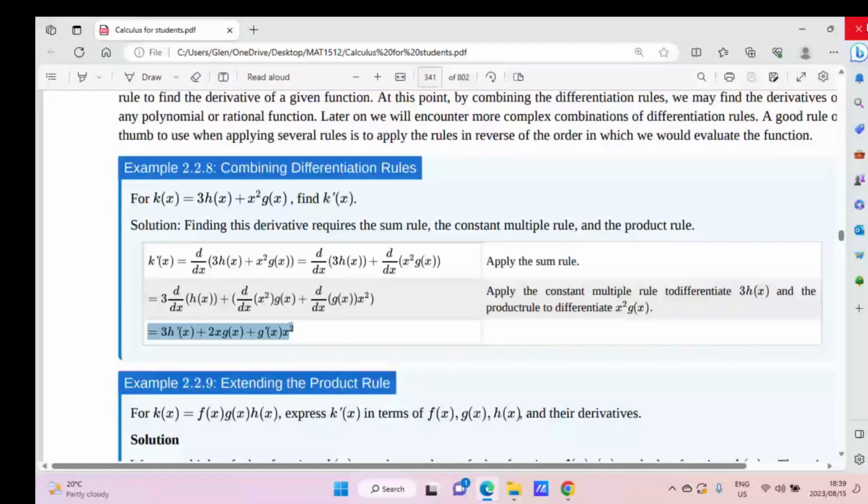Then let's call that entire answer u, and then I use the product rule on u and h of x to find the derivative of everything.